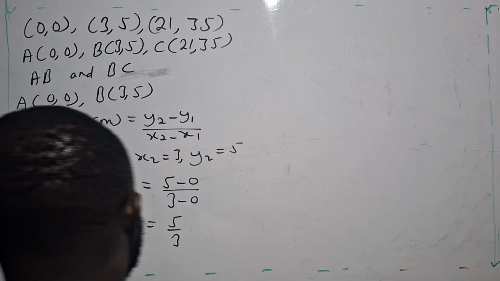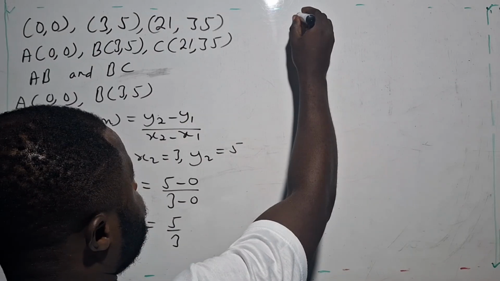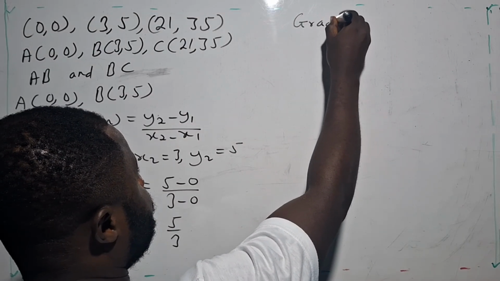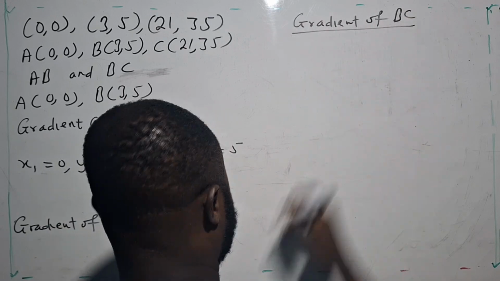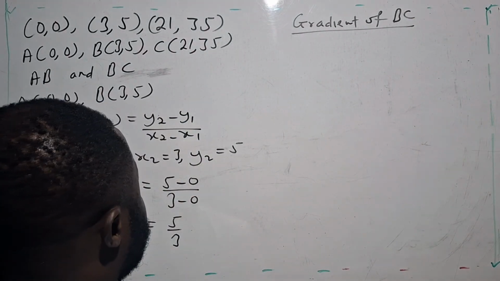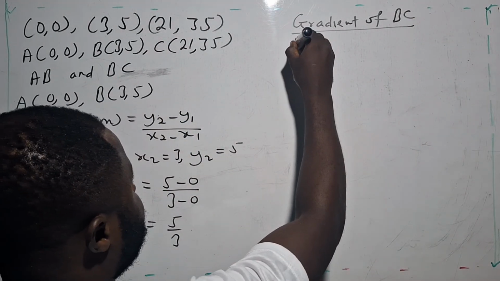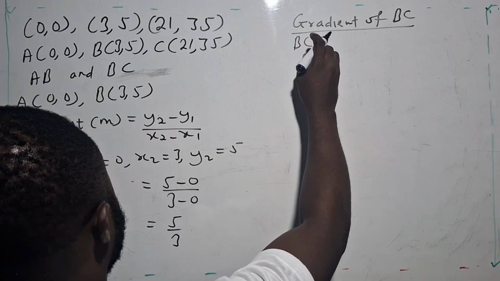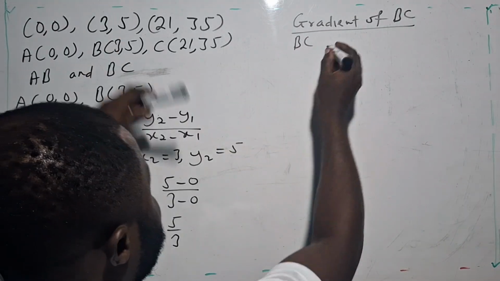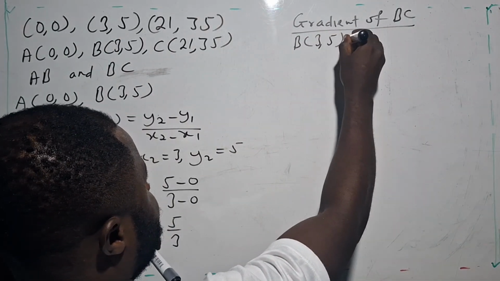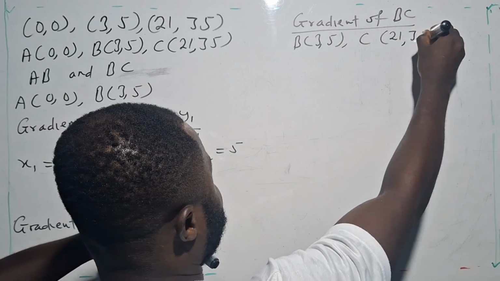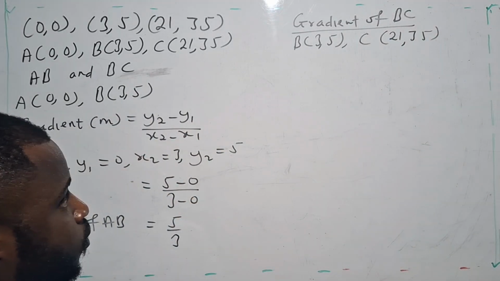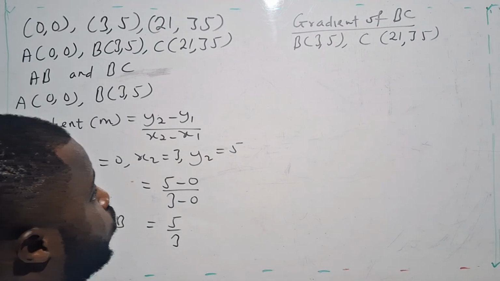Now let's find the gradient of BC. So point B is (3, 5), then point C is (21, 35). Yes, (21, 35). Now follow closely.